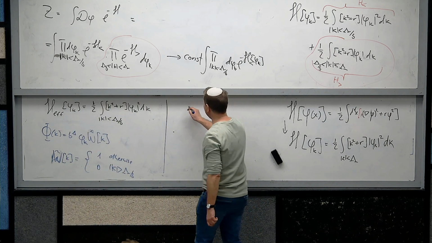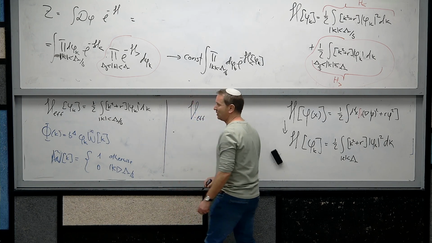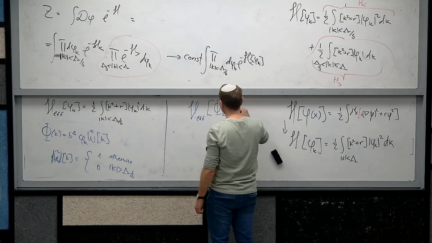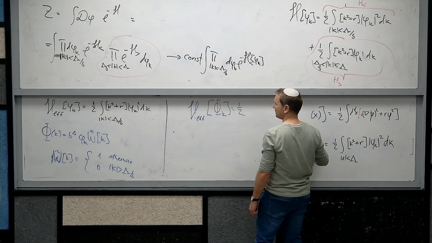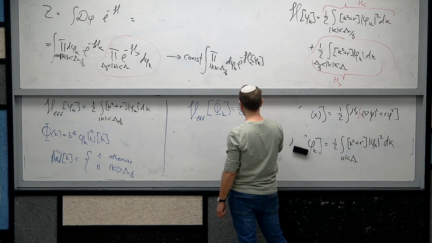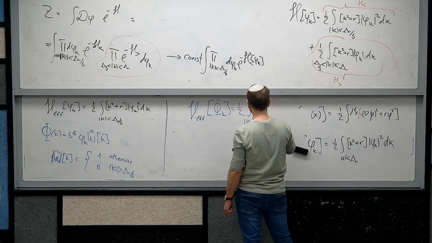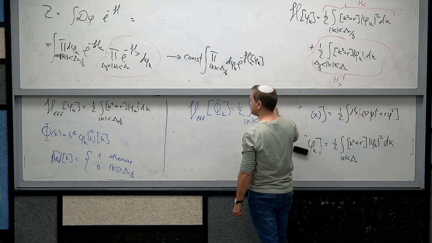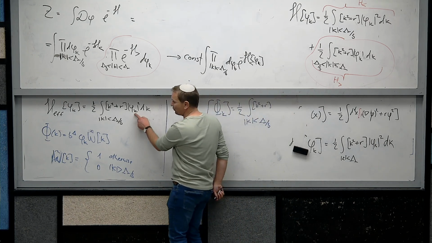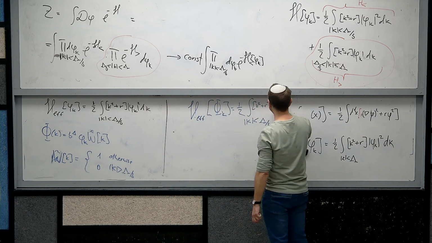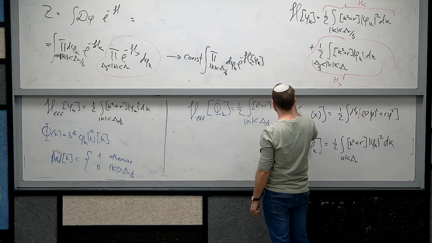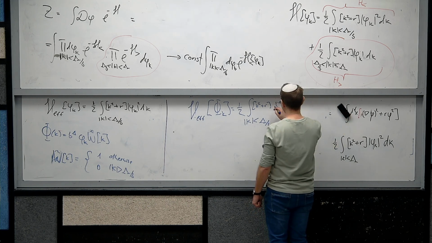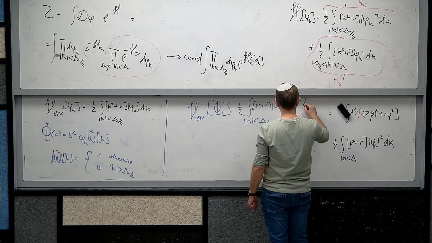So we can say that H effective of the Hamiltonian now of large phi of k is 1/2 an integral k smaller than lambda divided by b of k squared plus r, and instead of phi of k we write b to the minus delta phi of k absolute value squared dk.